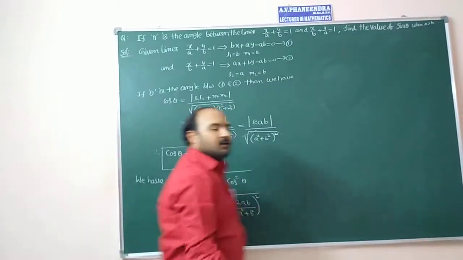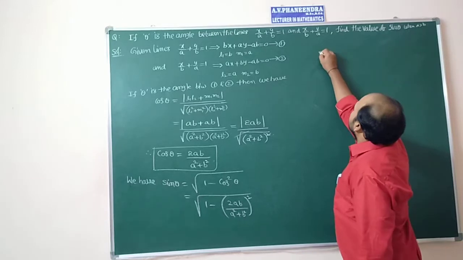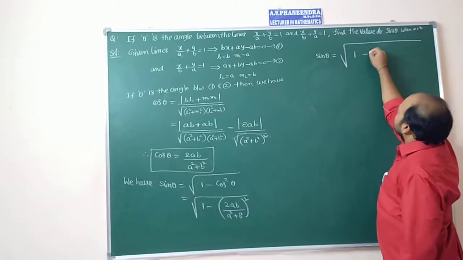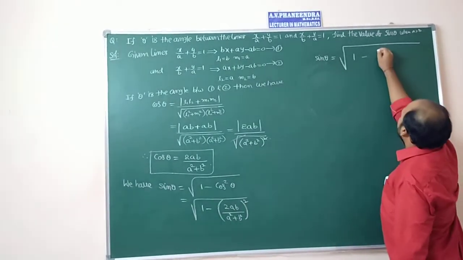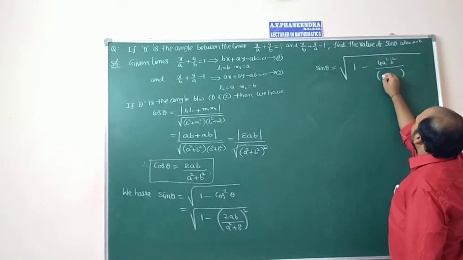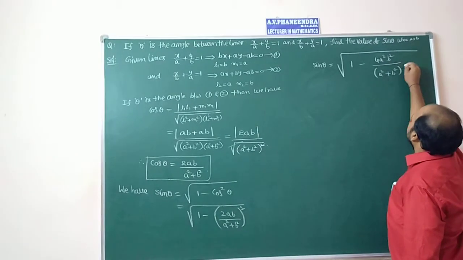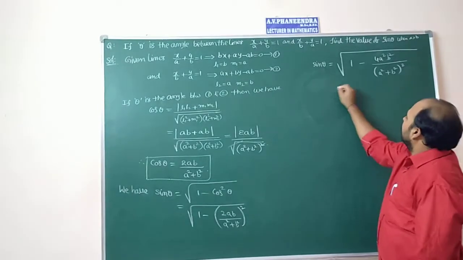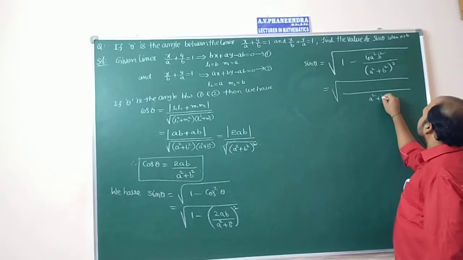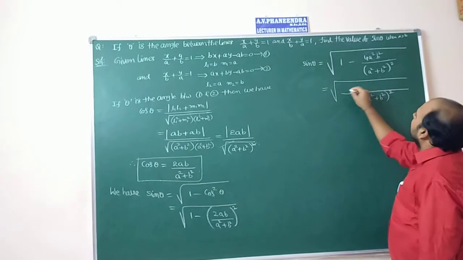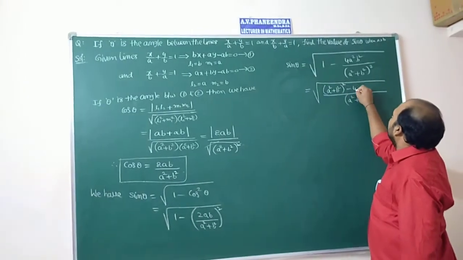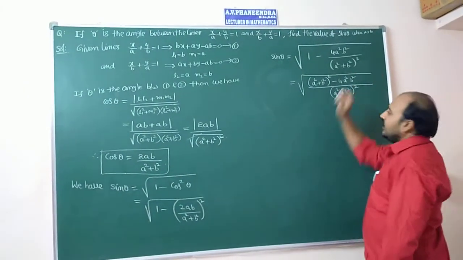If you simplify, sine theta equals square root of 1 minus 2ab whole square, that means 4a square b square, divided by a square plus b square whole square, which is equal to square root of, take the LCM, a square plus b square whole square minus 4a square into b square, over a square plus b square whole square.